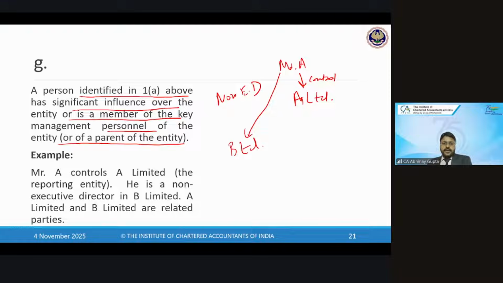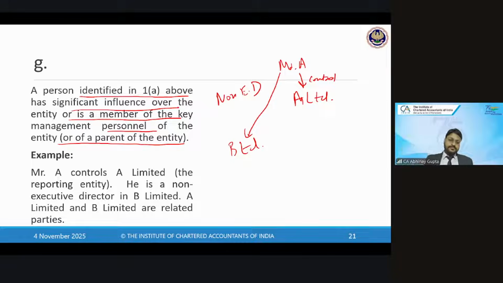Then A and B are related to each other; that's what the clause is saying. Now, let's apply our rule book. Mr. A is a related party for A Limited, yes or no? Due to control, yes. For B Limited, Mr. A is a KMP, a non-executive director.